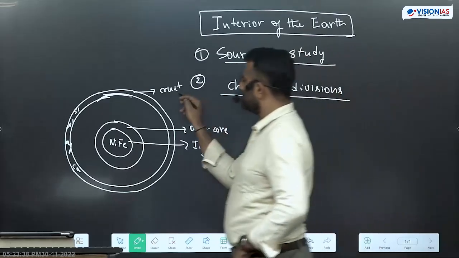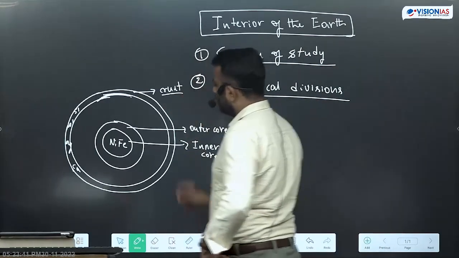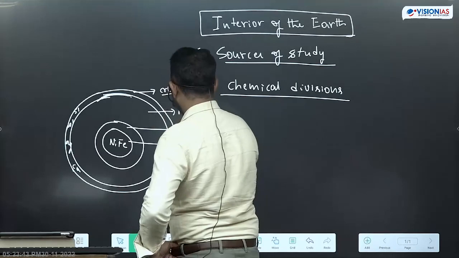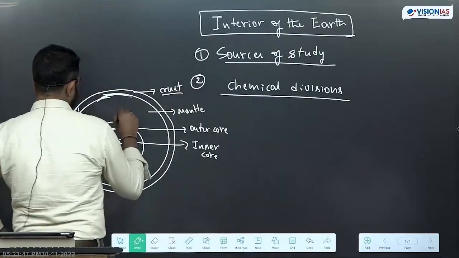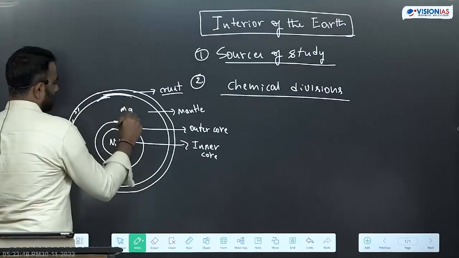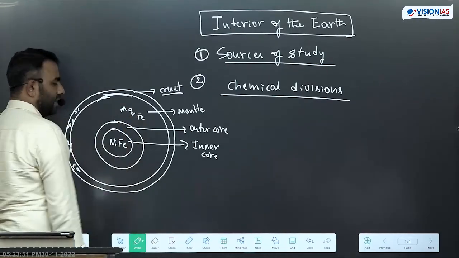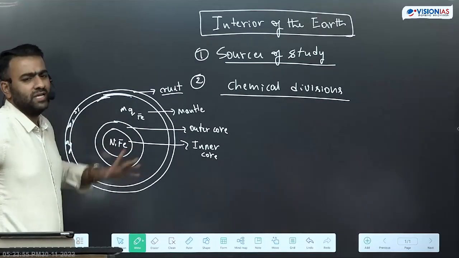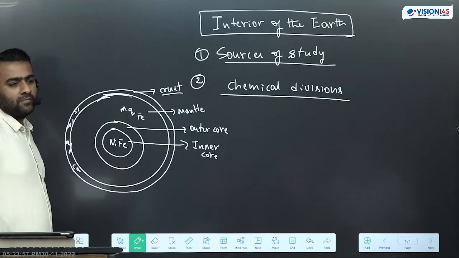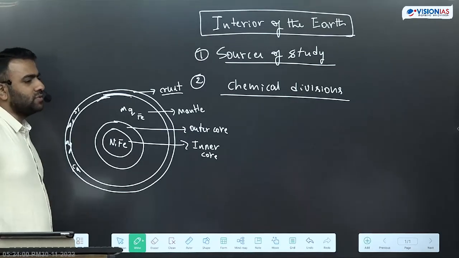That is what we call the crust. In between, it is called the mantle, where there is lesser silica content, higher magnesium and iron content, but not as high as the core, it is in between. That is what the mantle is.